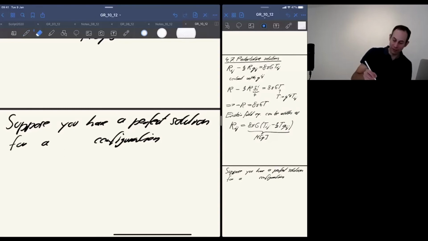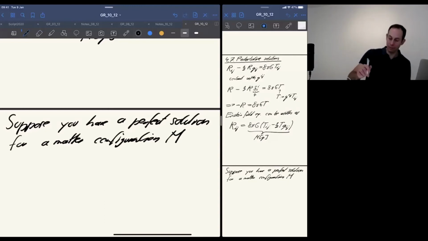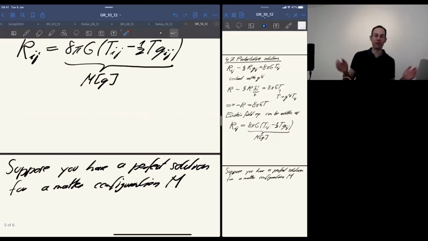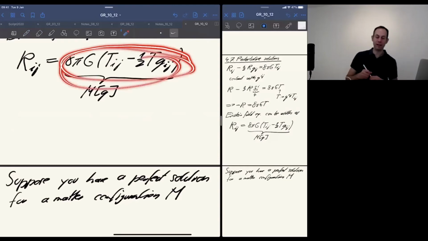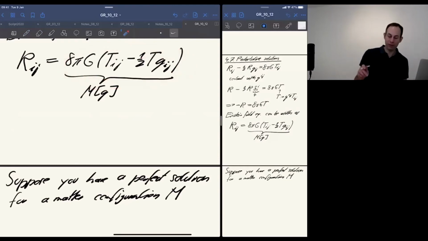So M stands, of course, for matter. If I give you an arrangement of planets and so on, or just a black hole, you could say, okay, this is some configuration on the right-hand side. And now let's suppose you have a solution for that one.